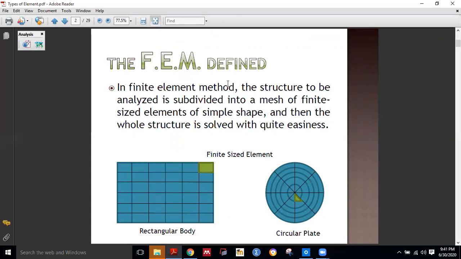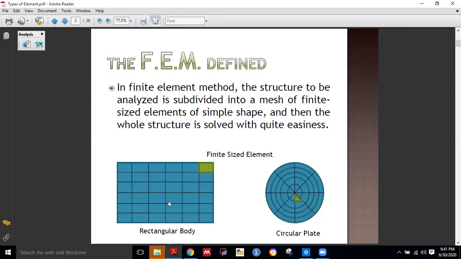In finite element method, the structure to be analyzed is subdivided into a mesh of finite sized elements of a simple shape. I have given an example of Thanos and the face in the previous lecture. That face had a triangular shape, a right angle triangle. A square divided into two parts becomes two right angle triangles. Likewise, we are going to define finite sized elements.